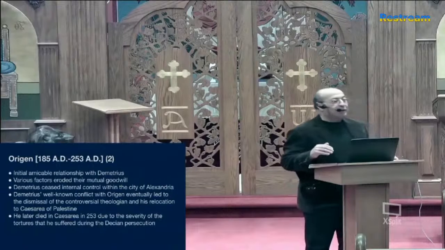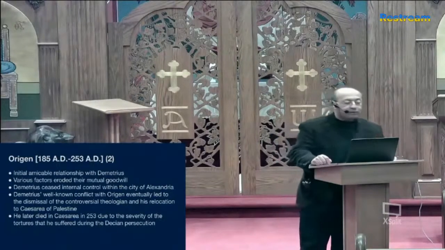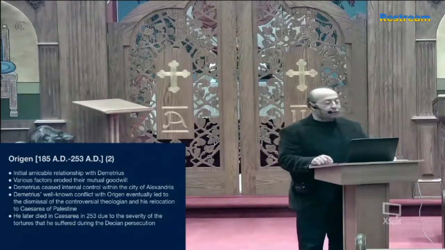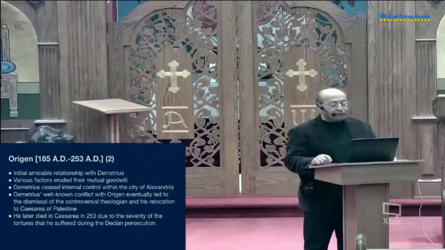And then Demetrius seized internal control within the city of Alexandria, and in addition to the well-known conflict with Origen, Origen was eventually led to dismissal, and he was dismissed and relocated to Caesarea of Palestine.